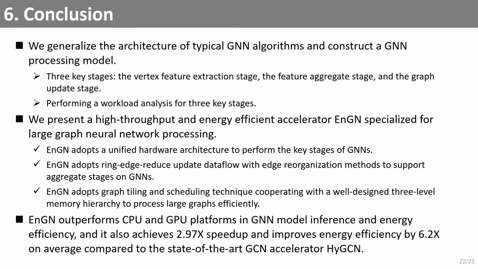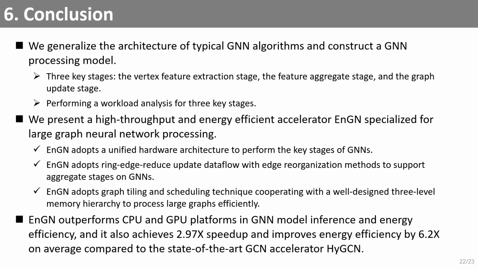In summary, in order to customize the hardware accelerator for graph neural networks, we first generalize the architecture of a typical GNN algorithm and construct the GNN processing model, which contains 3 key stages. After that, we perform a workload analysis for the 3 key stages to guide the hardware design. Then, we present a high-throughput and energy-efficient accelerator, EnGN, specialized for large graph neural network processing.